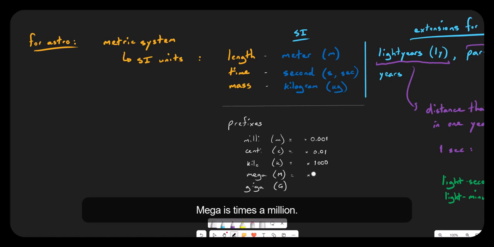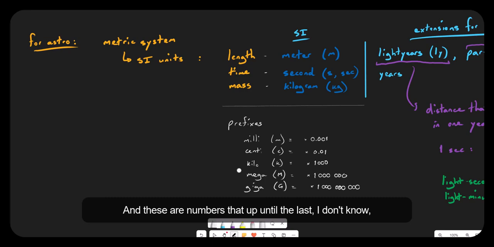Mega is times 1,000,000. Giga is times 1,000,000,000. And these are numbers that up until the last 25 years or so, we didn't have too much reason to use very often, but now, especially with computer file drive sizes and such, these numbers are becoming a whole lot more familiar.